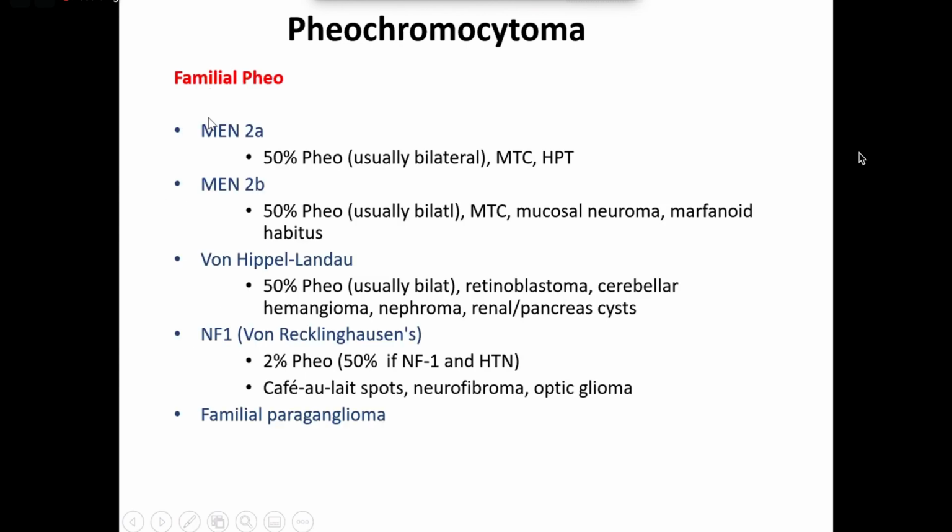So there are different familial pheo, like in MEN2A, MEN2B, von Hippel-Lindau syndrome, neurofibromatosis 1, and familial paraganglioma.